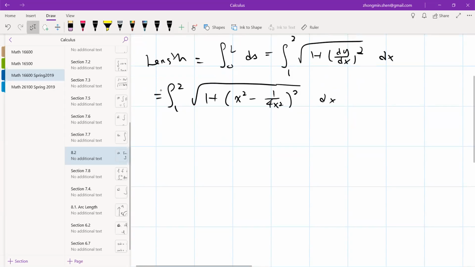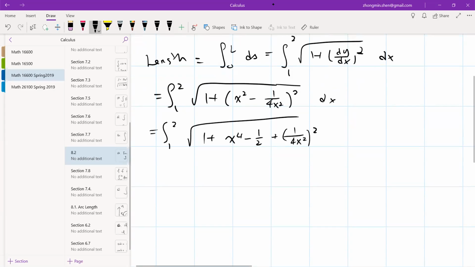Then you should know that you're going to get rid of the radical. You try to express the function inside the radical as a square of some function. So you get 1 plus x to the 4th power, and when you multiply this out there will be 1 half, plus 1 over 16x to the 4th. Then you realize the negative 1 half combines with 1 and becomes positive 1 half.